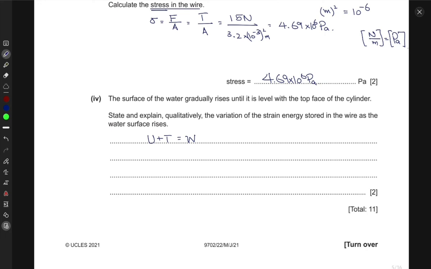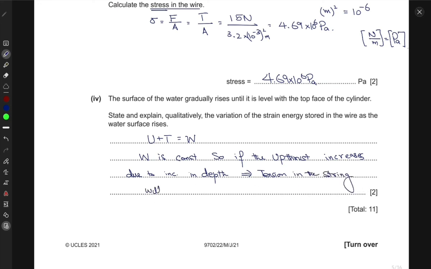So we can say something like that weight is constant. So if the upthrust increases due to the increase in pressure, the increase in the depth, that means that the tension in the string will increase.